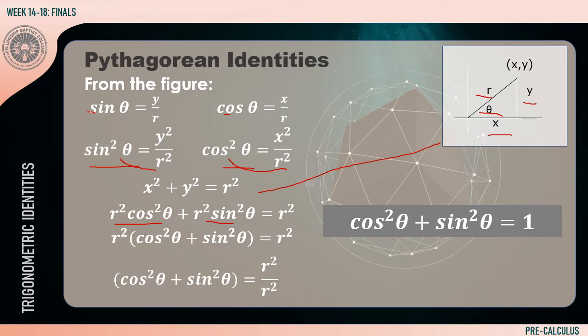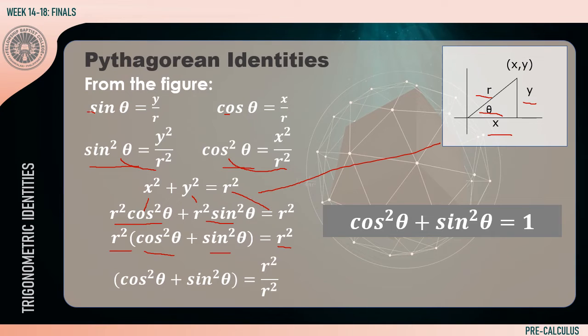So we substitute here, then copy the r squared. Looking at this, we have a common term in both terms, so we can factor out r squared. Then what remains is cosine squared theta plus sine squared theta is equal to r squared.